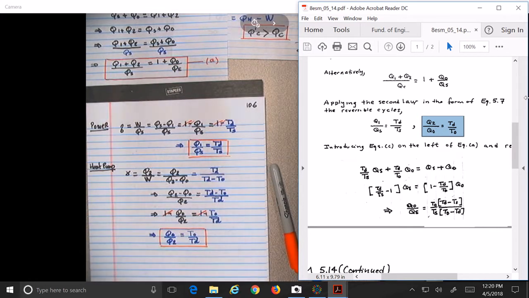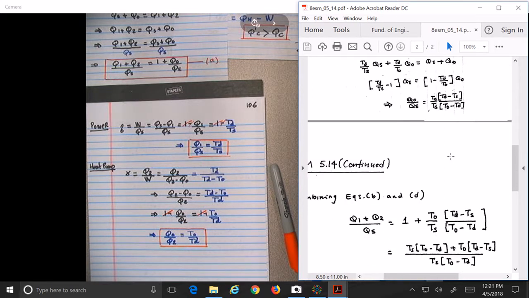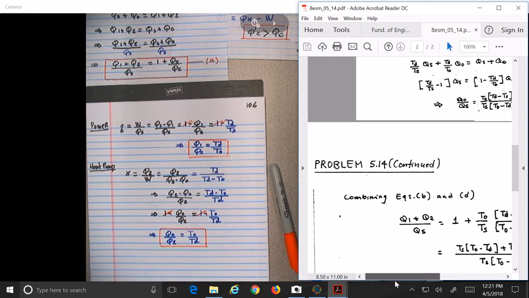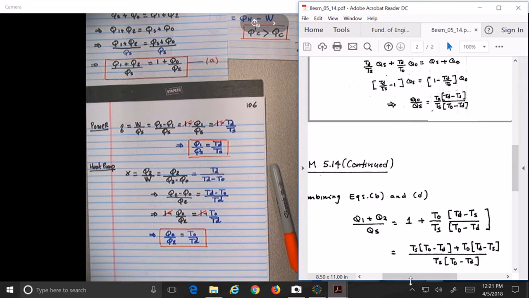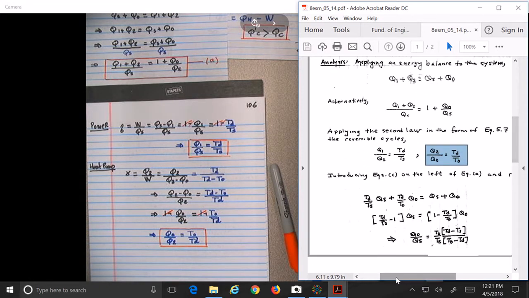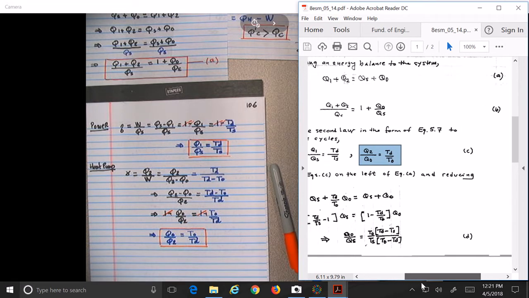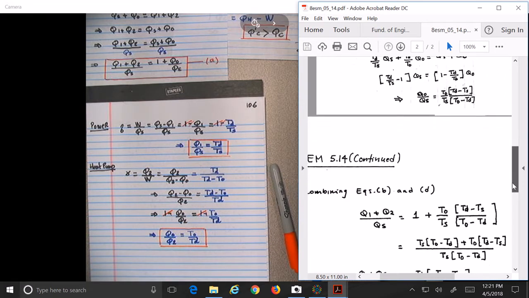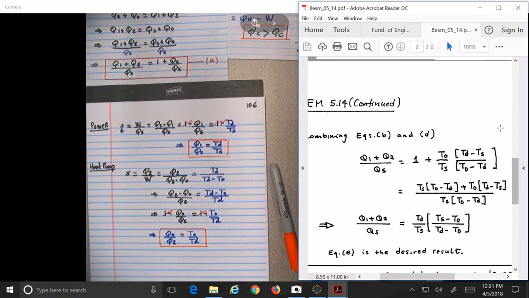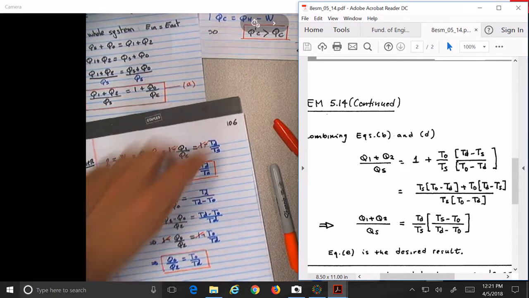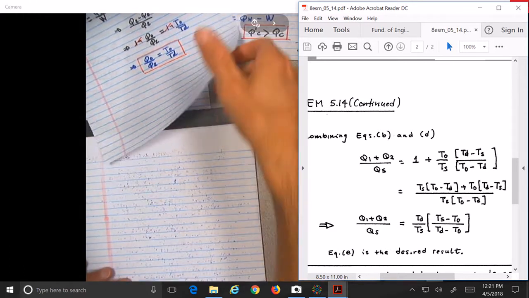Okay, so the equation A, I guess, is that one here, what they're calling Q sub 0 over Q sub S. Guys, I need a bit of practice for this one.